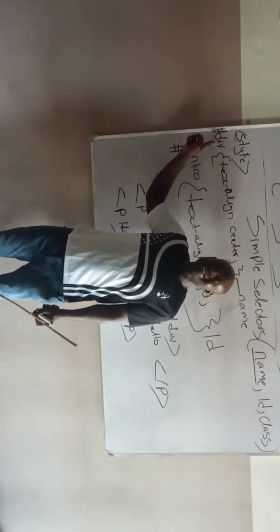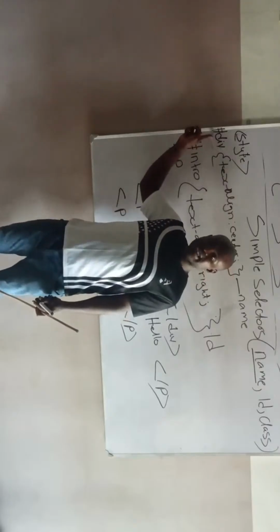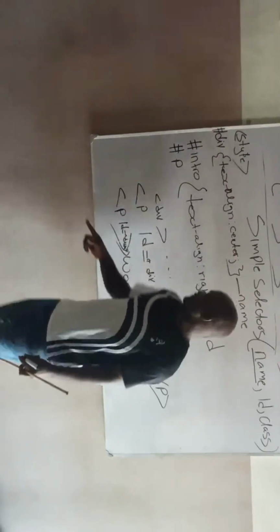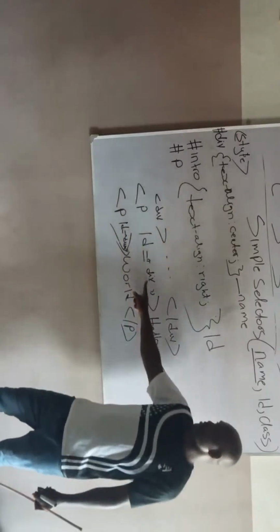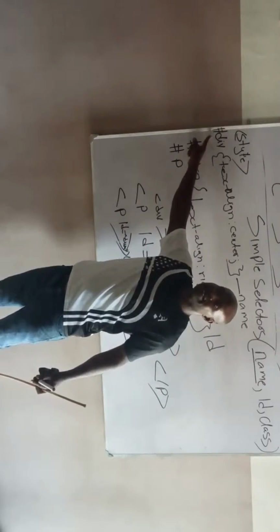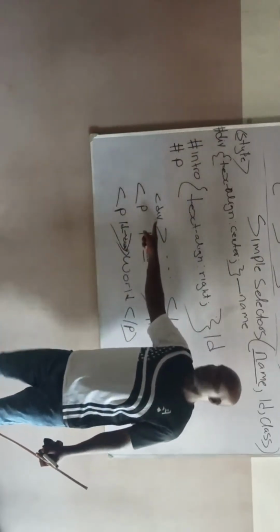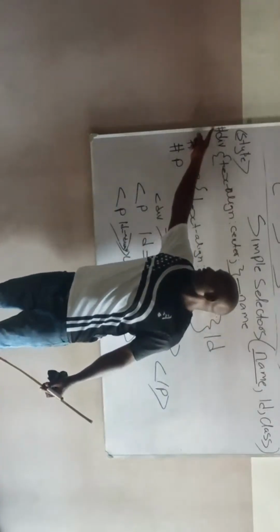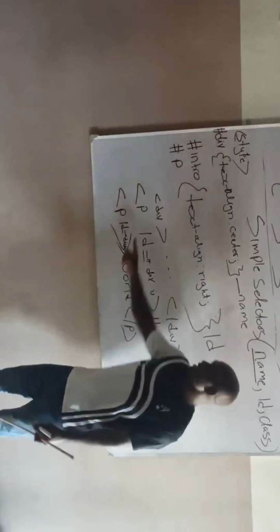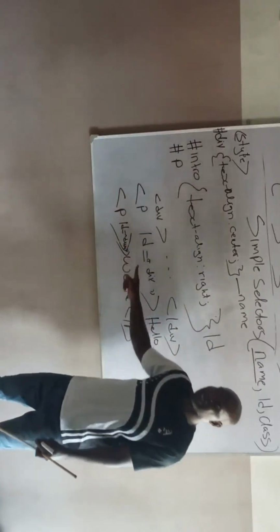It's now an ID of an element. And the ID of that element is what? div. So which element will be affected here? This P, because it has hash now. It's no longer an element name and it's now an ID. So it's no longer going to affect this one. Because this is now an ID, because there is hash there. So the one that is going to be affected is any element with the ID.